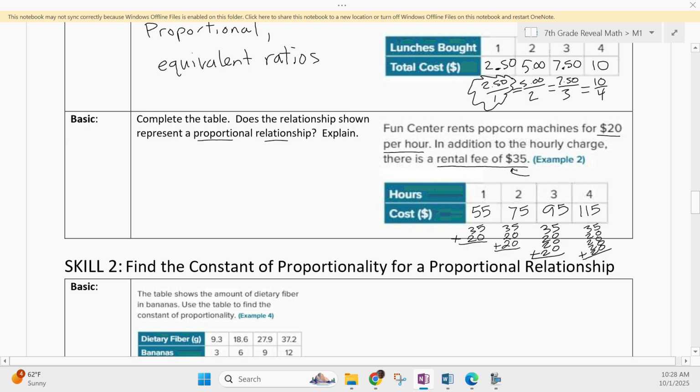If we were to do 55 divided by 1, 75 divided by 2, 95 divided by 3, and 115 divided by 4, these are not equal. So we'll put a little equal sign between them and slash through it. And it says explain, so we'll put non-proportional.